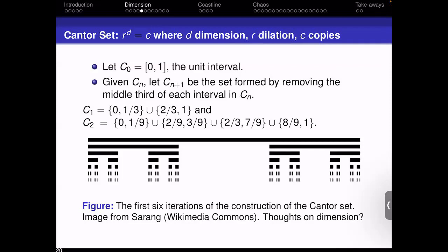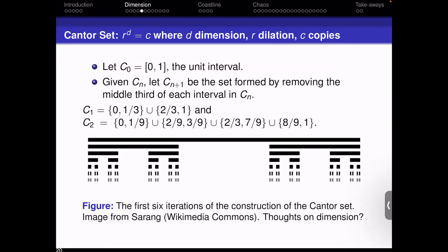So what I want to do is try to figure out what would be a good thing to dilate this by so that I get an integer number of copies of it. So remember, after so many levels, I keep doing this infinitely often, and I have a very small collection of points left. It has 0 length, but if you know what uncountable sets are, it has a high level of infinity.